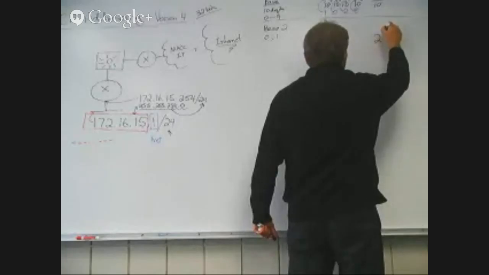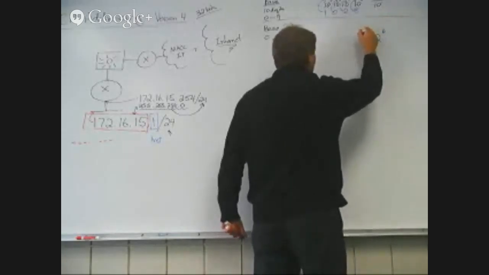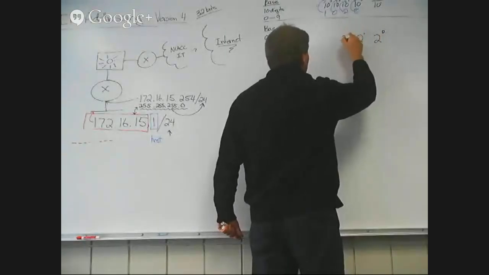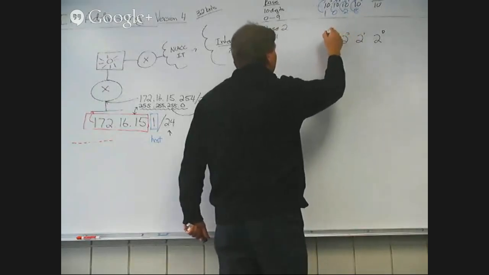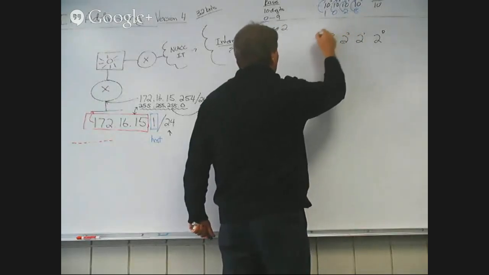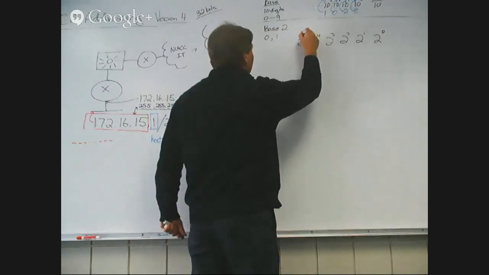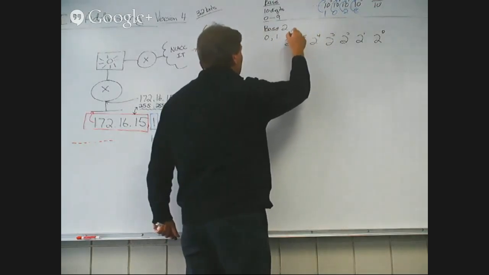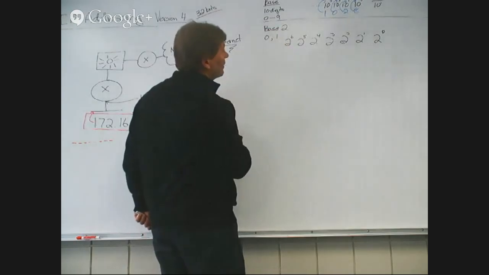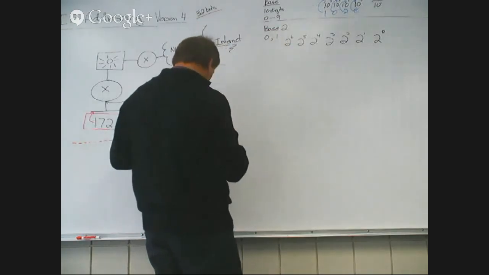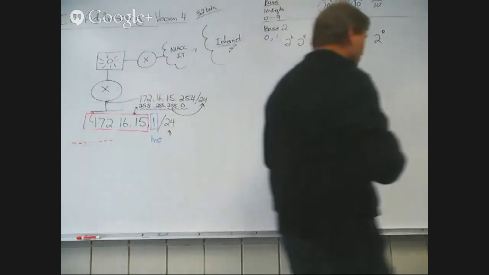So if we were to write out base 2, 2 to the 0, let's start there. 2 to the first, 2 to the second, 2 to the third, 2 to the fourth, 2 to the fifth, 2 to the sixth, and 2 to the seventh. You know what I'm going to do? I'm going to rewrite those.